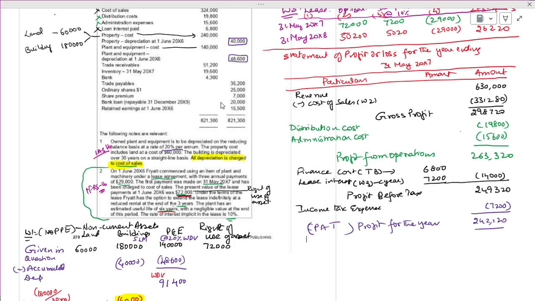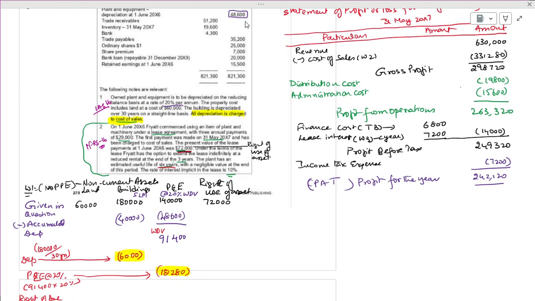Understand my point? Yes, Hussein, Sumaya, is it okay? Yes, doctor. Can I start the statement of financial position? Yes. If you find anything, just tell me and I will pause for a while.